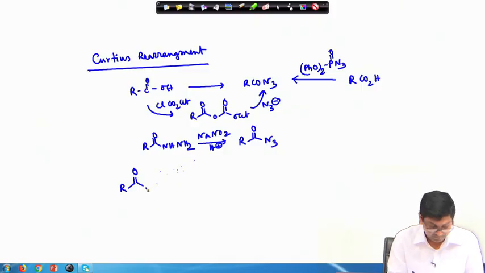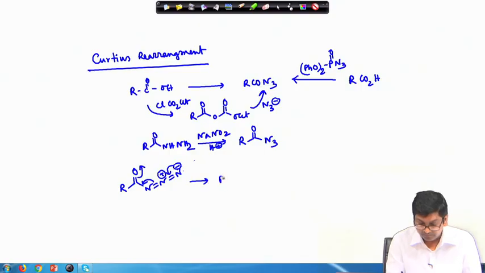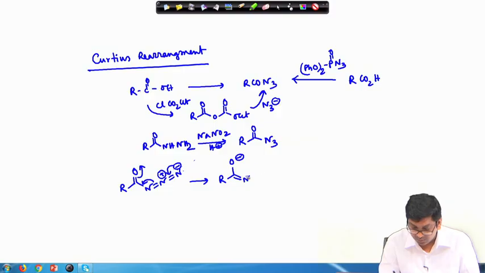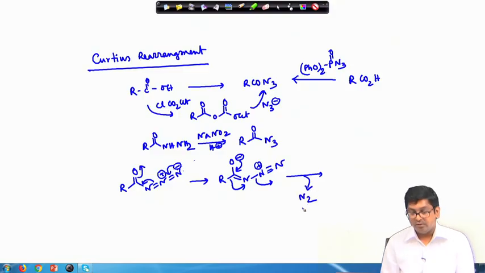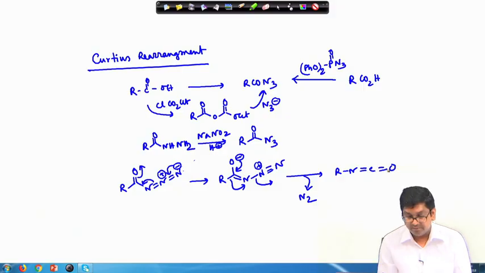You can draw in this way. Okay. So, now this 1-2 migration can happen to liberate the nitrogen, okay, and give you this isocyanate derivative.